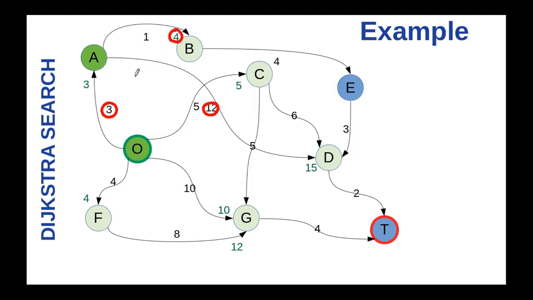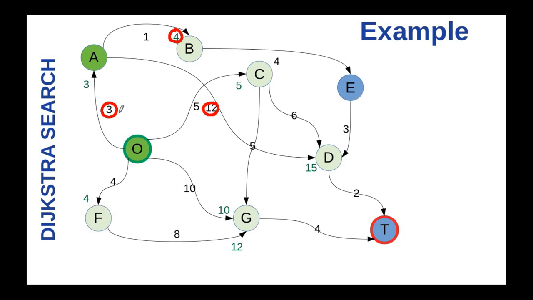This is a 4, because we have 3 plus 1 equals to 4. And we don't forget the previous unvisited nodes, which are the neighbors of O. As you can see here, we stay with 5, 10, and 4 for the nodes C, G, and F.